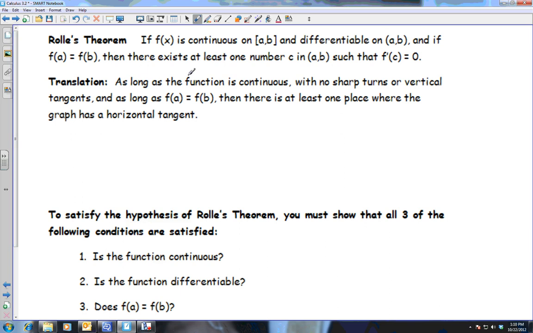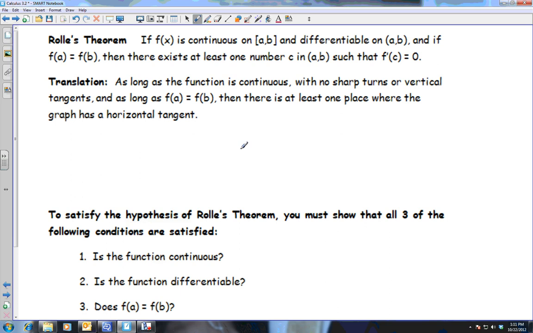It's saying as long as the function is continuous, with no sharp turns or vertical tangents, and as long as f of a equals f of b, then there has to be at least one point where the graph has a horizontal tangent. The last section we talked about the extreme value theorem, where you can have maxes and mins on the endpoints sometimes. Well, now we can have maxes and mins in the interior or inside those endpoints.